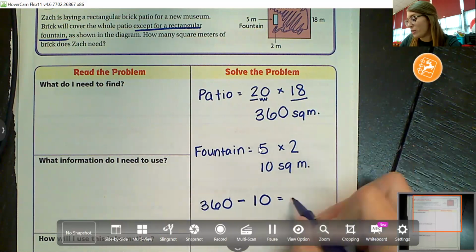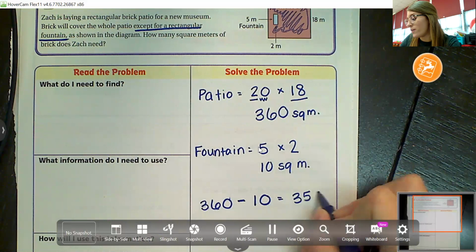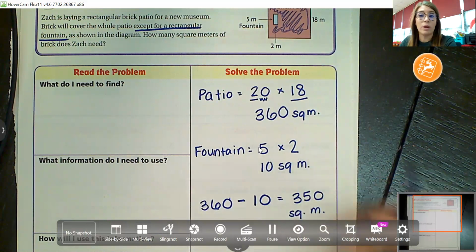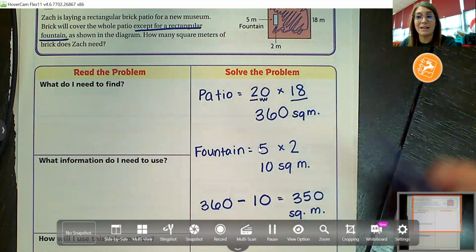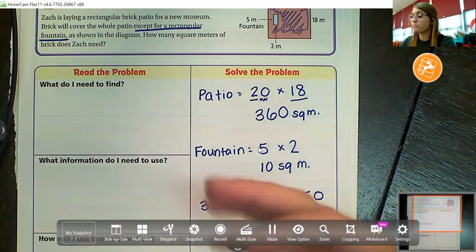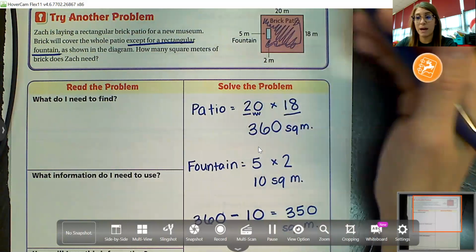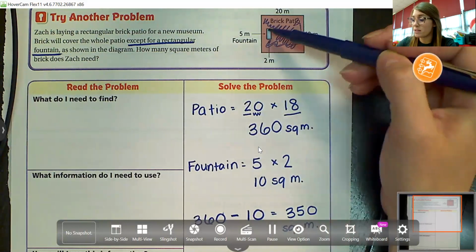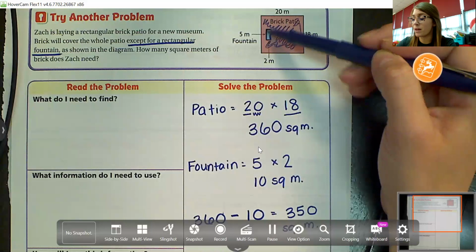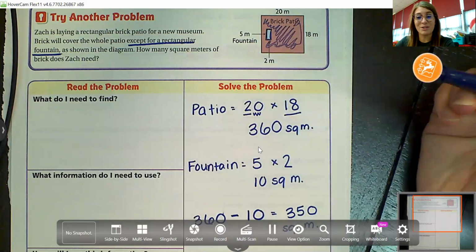Very good. 350 square meters is going to be how much brick Zach is going to need, because remember we have to say square when we're doing area. So all you do is you find the area of the total space, the area of the space that you're not putting something, and then you subtract the two to find the difference.